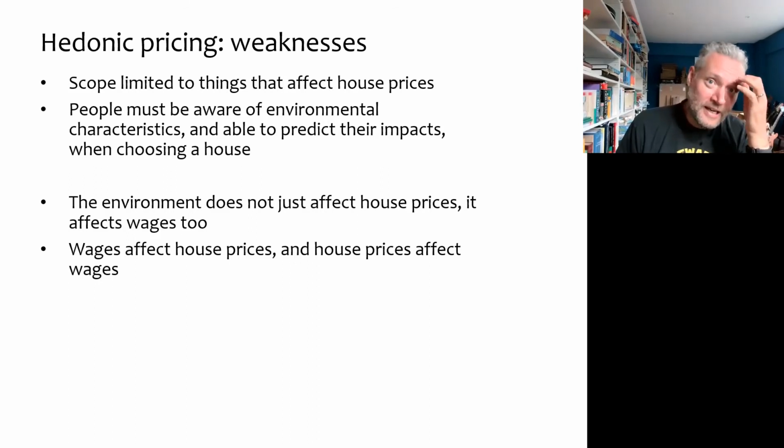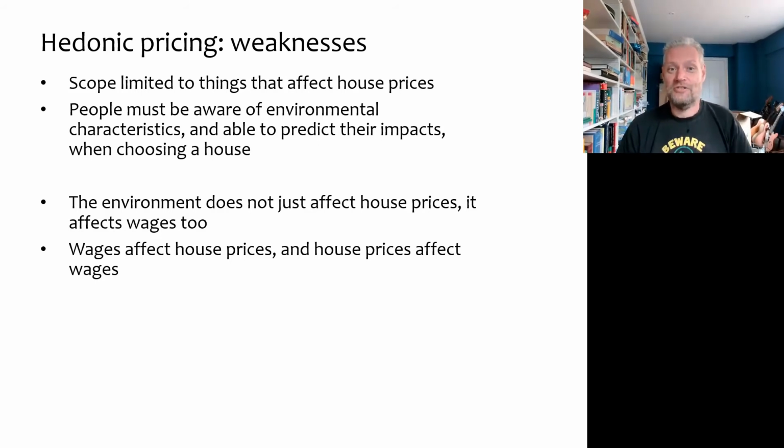The problem here is that the labor market and the housing market are very strongly connected to each other, because the largest expenditure in the typical household is either on rent or on the mortgage. So house prices affect wages, and if houses are expensive, you would demand a higher wage. And of course, if wages are higher, then people are bidding up the scarce resource that is houses in a place.